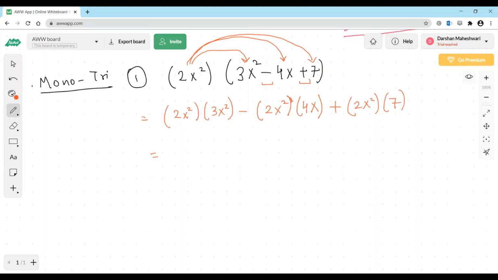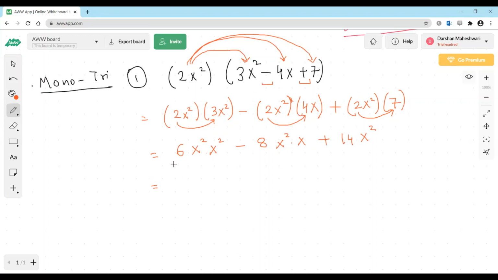All right, now 2 times 3 is 6. So we have 6, here we have x square times x square, minus 2 times 4 is 8. Here we have x square times x. Then we have 2 times 7 is 14. And here we have x square.